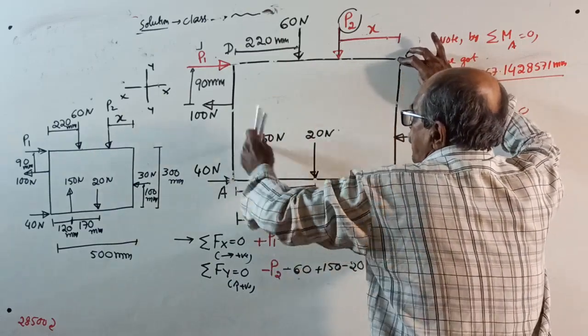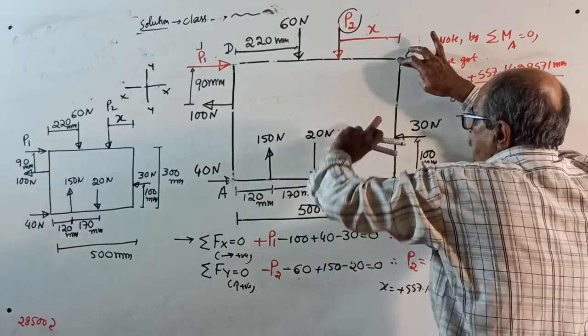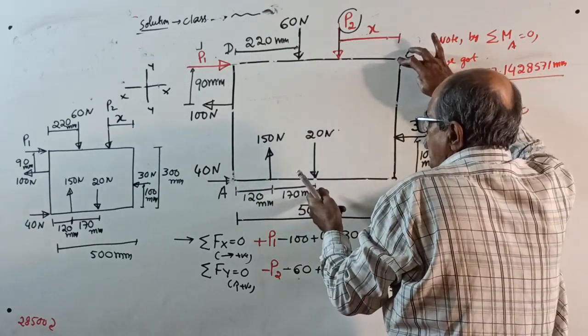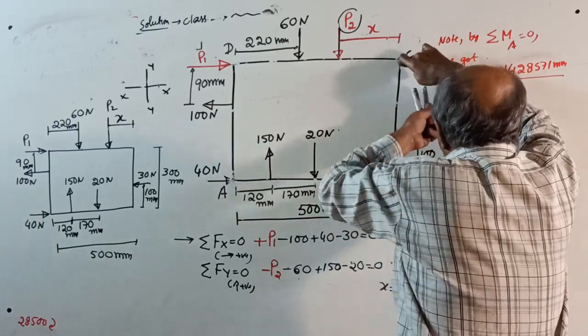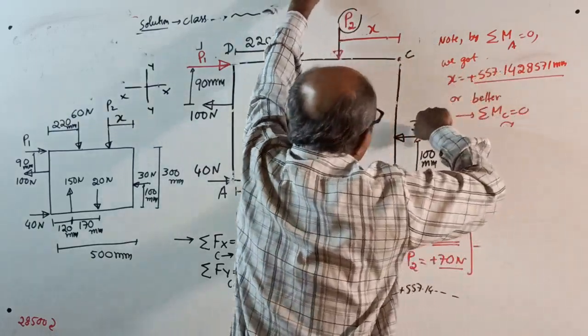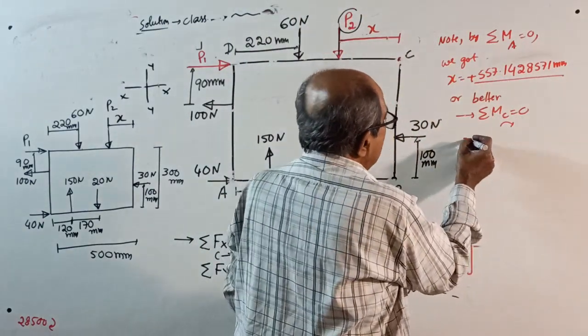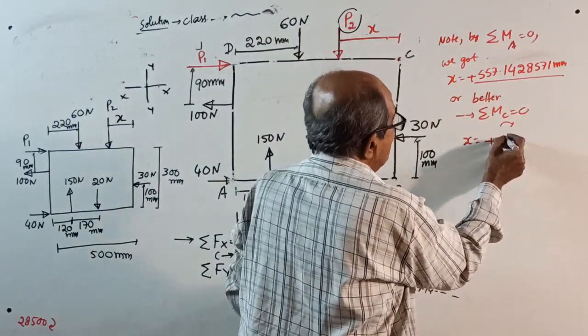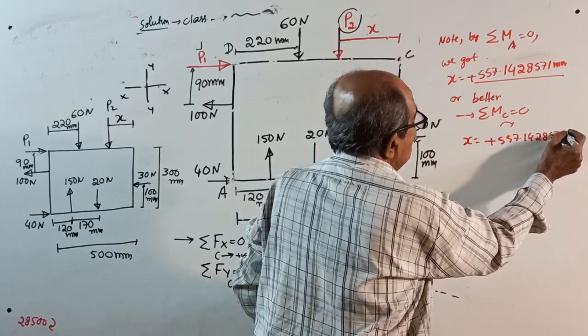Then plus 150 into 380 minus 20 into 170 plus 280 290 210 minus 30 plus 30 into 200 equal to 0. My guarantee x will come same, plus 557.1428571.